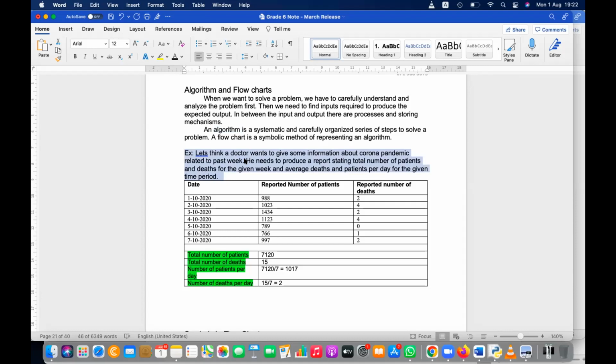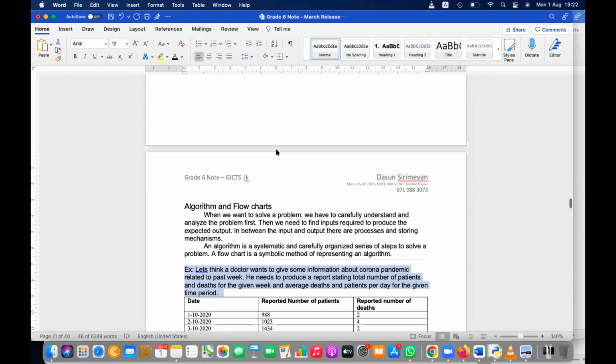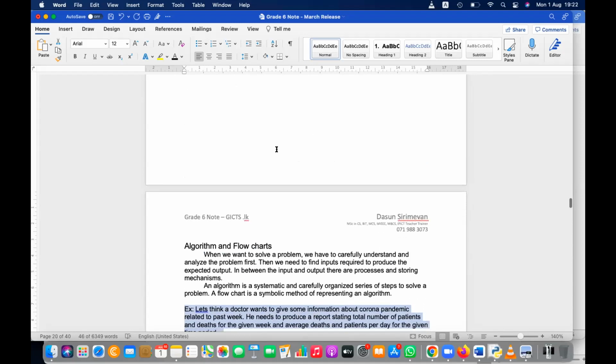Okay, let's say he's asked a question. Question: doctor, can you tell me how many patients are coming per day? දවසකට සාමාන්‍යයෙන් patients කීයක් admit වෙනවද? How many patients are admitted per day? So let's say somebody is going to ask that question from the doctor.